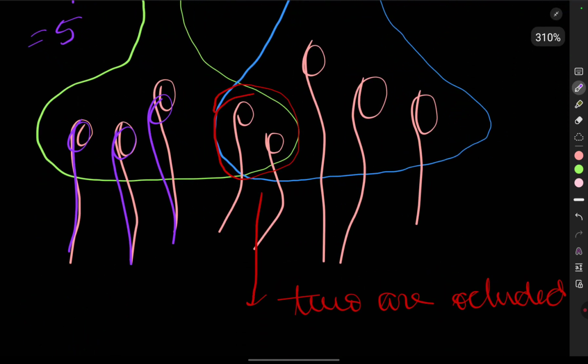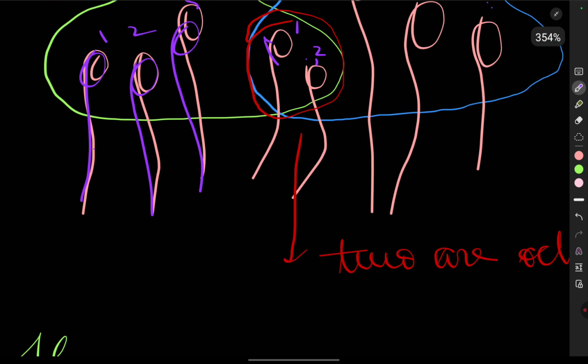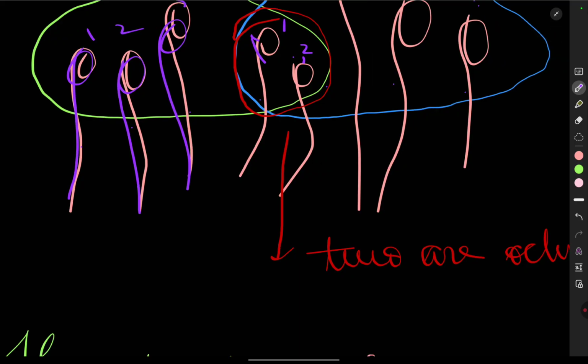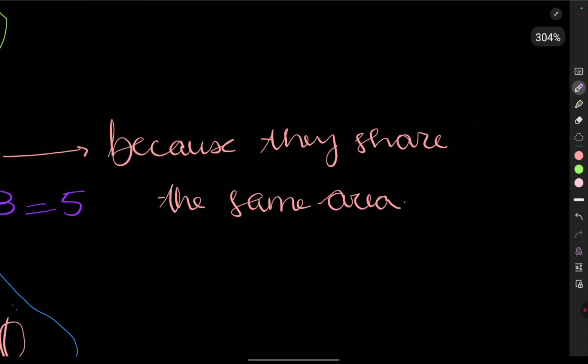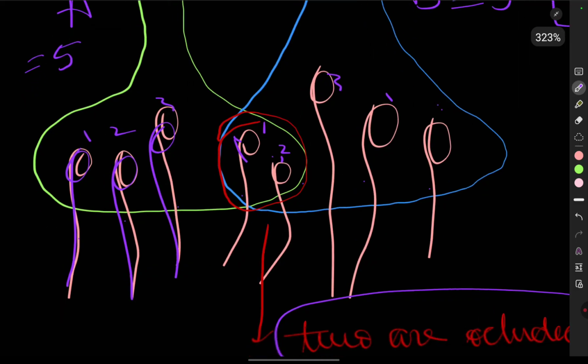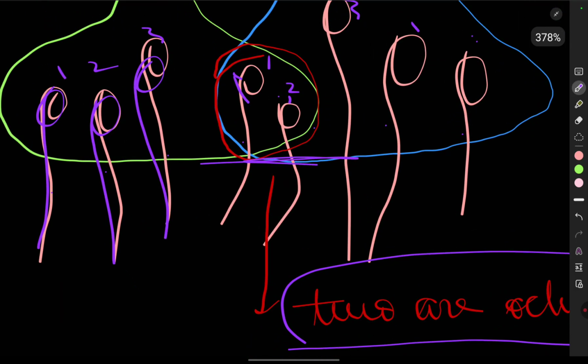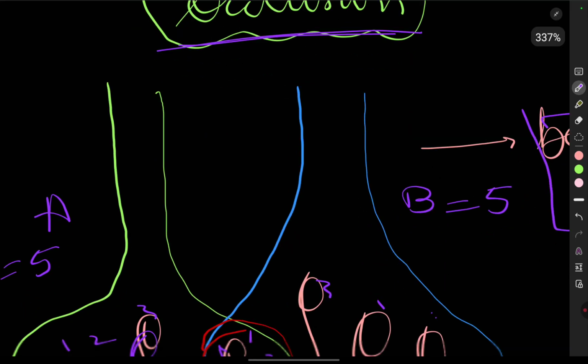So it is having 5, 1 2 3 4 5, and this also 1 2 3 4 5. So the net will be 8, 1 2 3 4 5 6 7 8. 2 are occluded, because they share the same area, they are coinciding, and this process occurs simultaneously. This is called occlusion, synaptic occlusion.